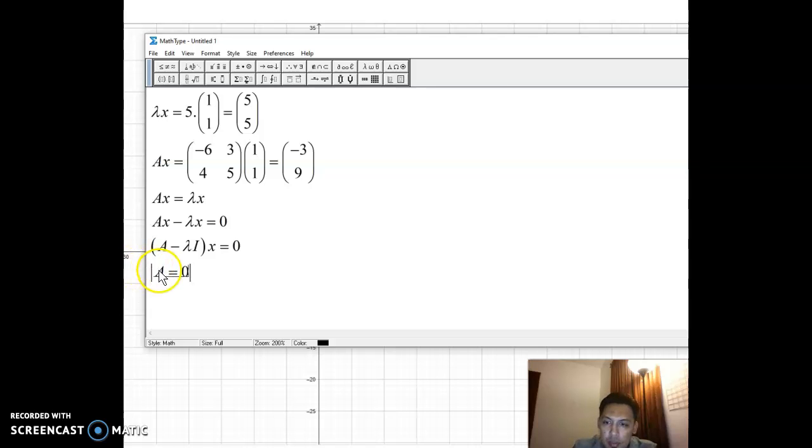The determinant should be equal to 0. So this is the basic idea you need to know first before we can proceed in calculating eigenvector and eigenvalue. So we are going to use this formula, and we are also going to use this idea. We are going to discuss that further in our next video.